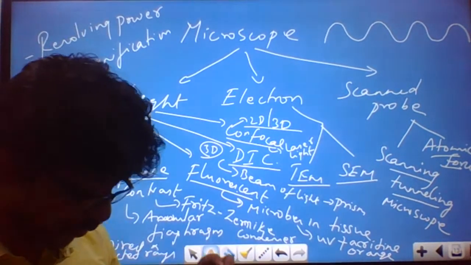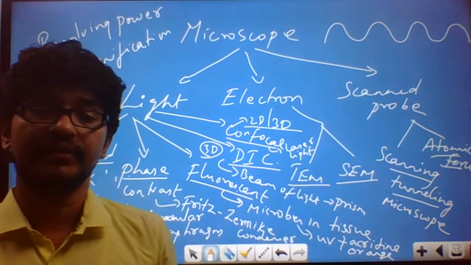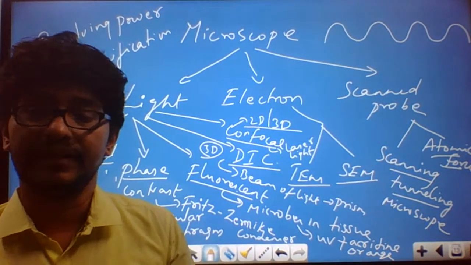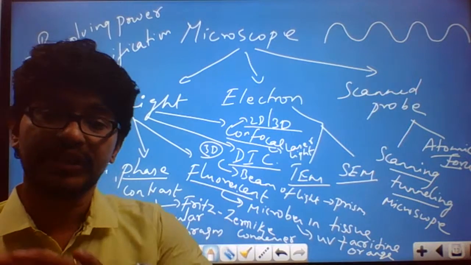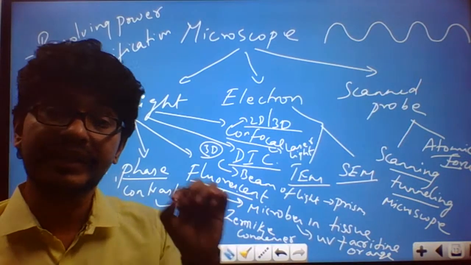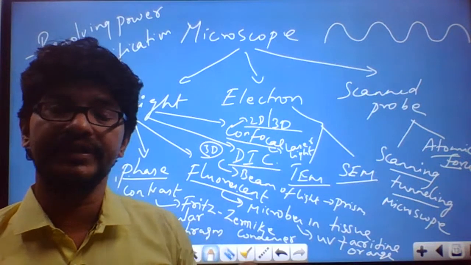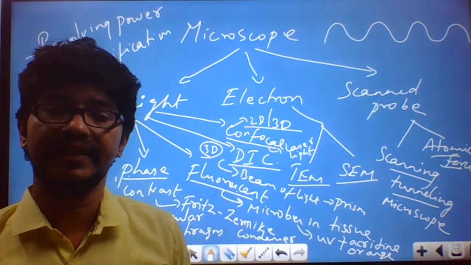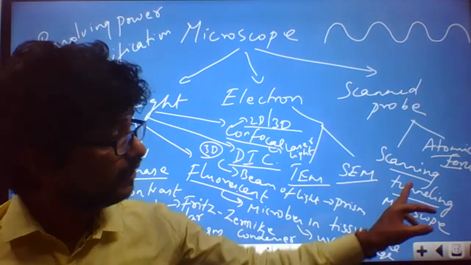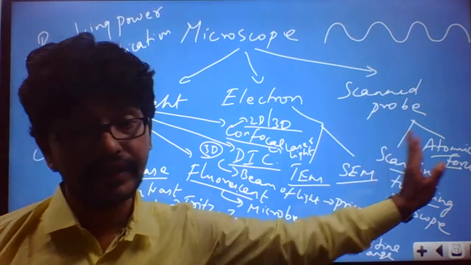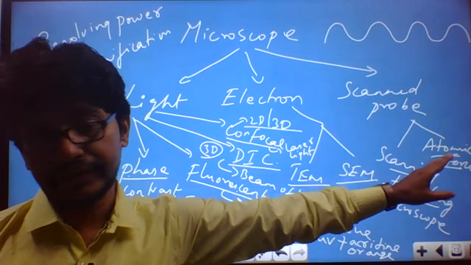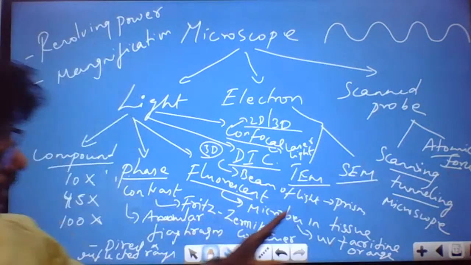Atomic force means you can even go down to the atoms. If you want a detailed picture of the atoms present in the cell, then you go with the atomic force microscope. If you want to go with the molecular study of micromolecules, macromolecules, DNA, RNA and everything, then you go with the scanning tunneling microscope. These are advanced microscopes, and they are expensive too.